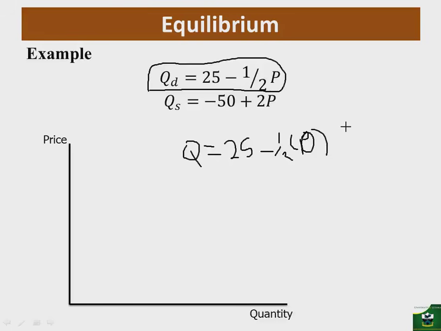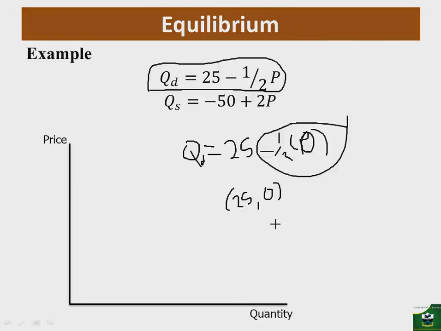Which means that the whole of this part will become 0, because I'm multiplying negative half times 0, which makes everything 0. And therefore, the quantity demanded when price is 0 will be 25, meaning my coordinate which I'm plotting is 25, 0.